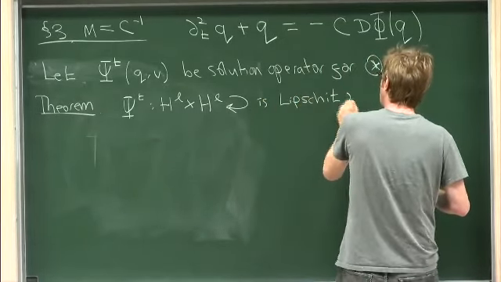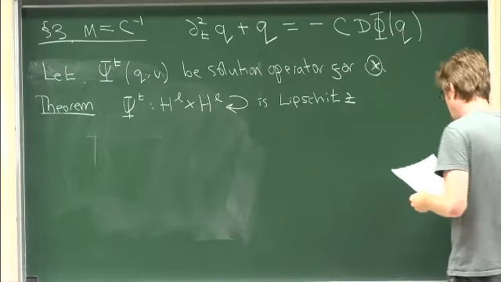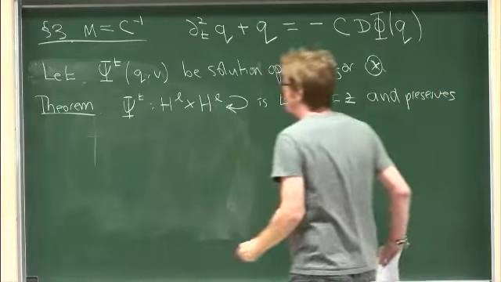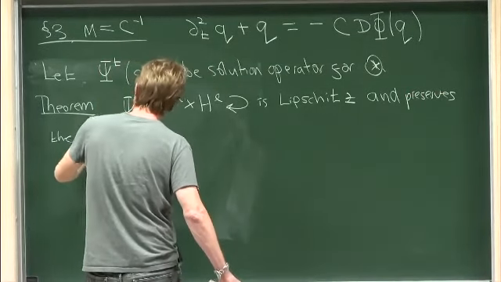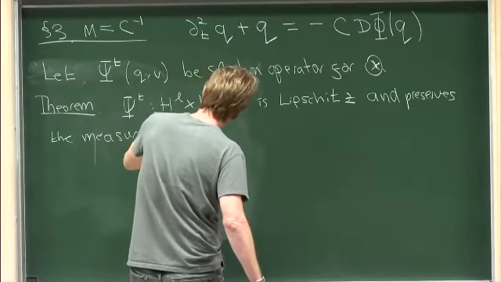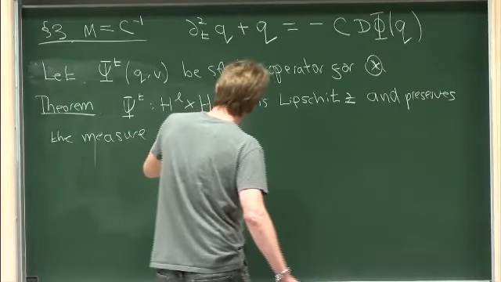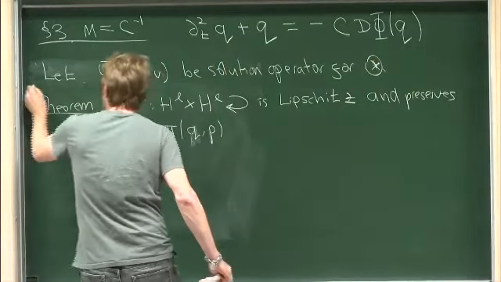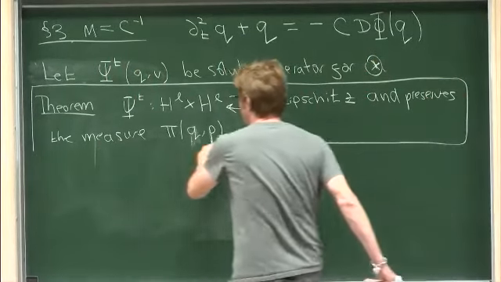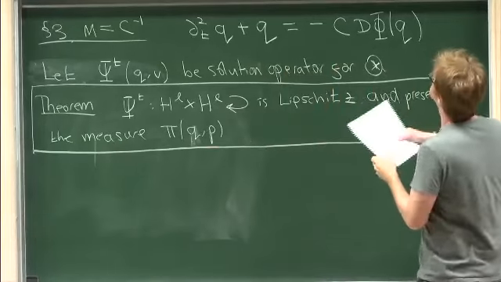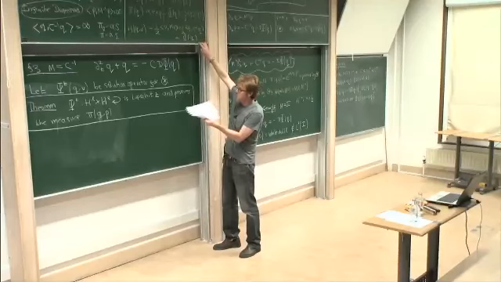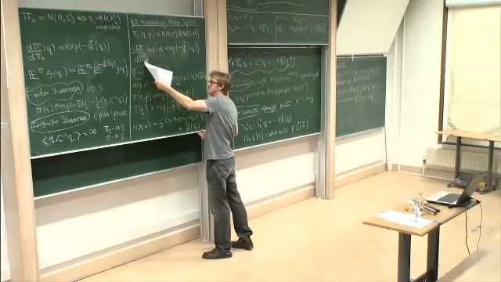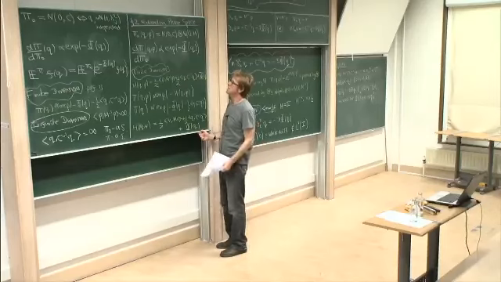The Lipschitz constant will depend on the time interval. It is globally Lipschitz, and it preserves the measure pi of Q, P. So that's now a fully Hilbert space statement. Pi of Q, P should be interpreted carefully: there's no Lebesgue density. It's the measure pi whose Radon-Nikodym derivative with respect to the Gaussian measure pi 0 is e to the minus phi.